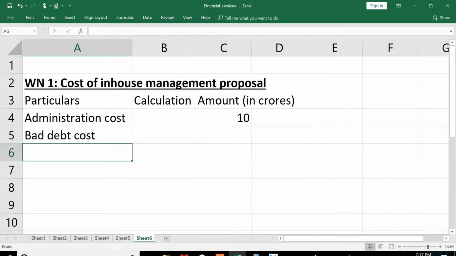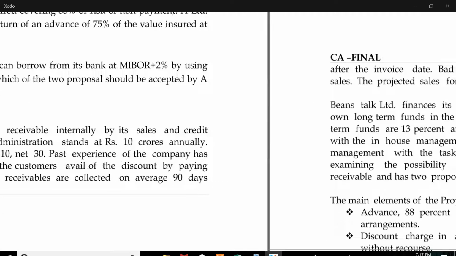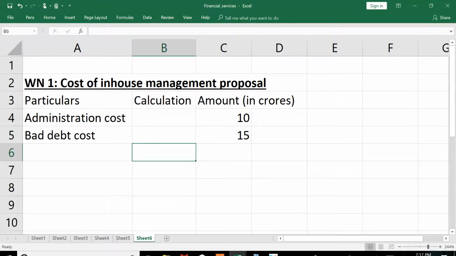How much is the bad debt we are incurring? 1.5% of total sales, 15 crores.